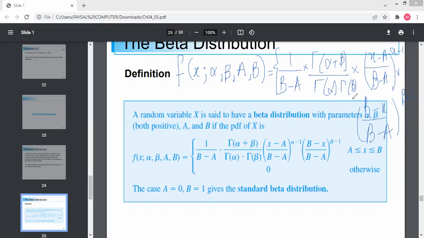Okay, so these are the basic function values.